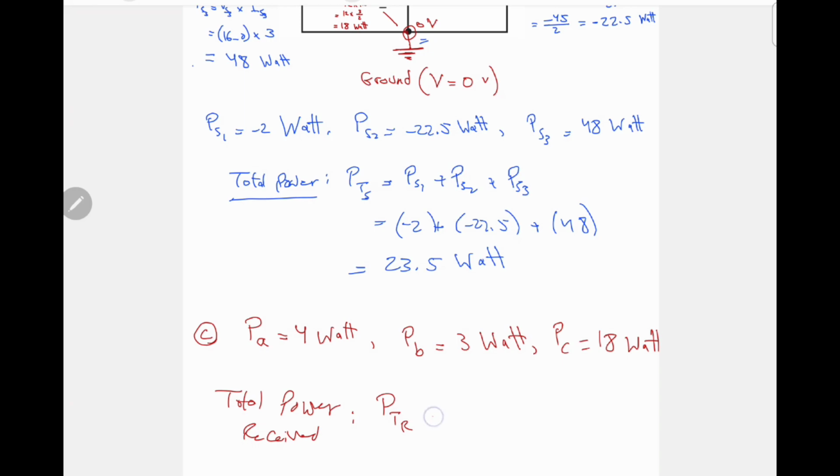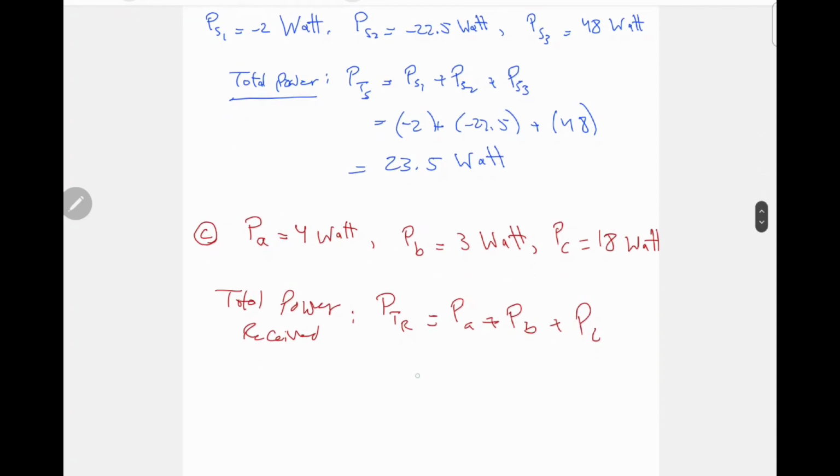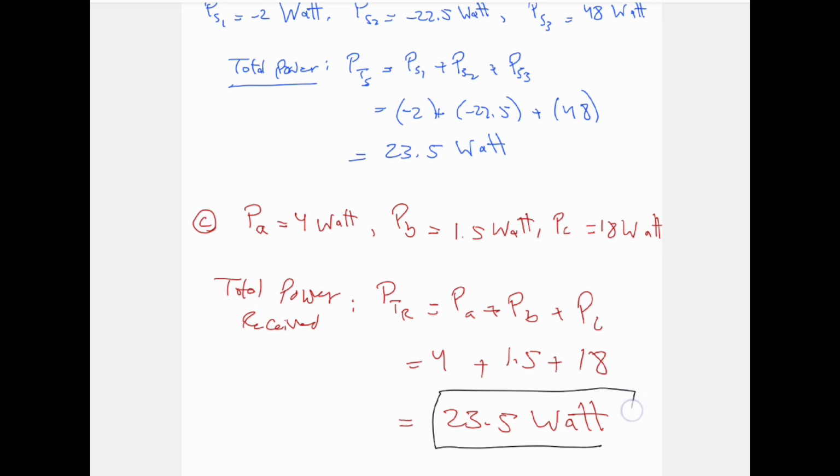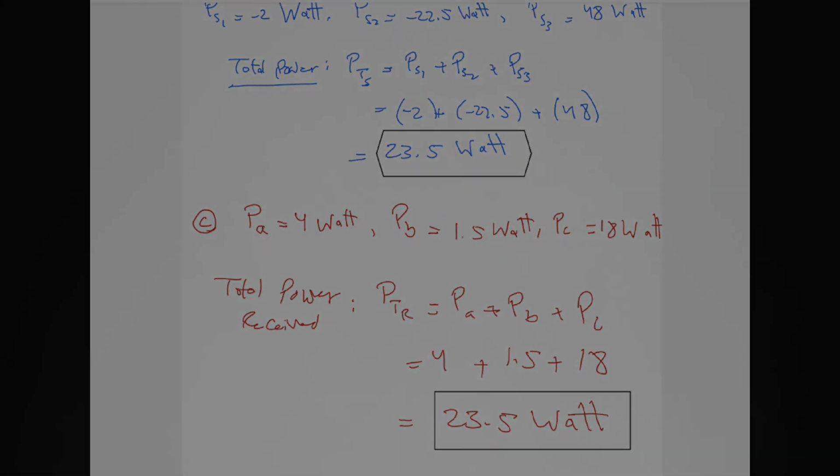PT, the total by resistors, is equal to PA plus PB plus PC, and that's equal to 4 plus 1.5 plus 18, and the sum is 23.5 watt. As we mentioned, these two values must be equal. That's it.